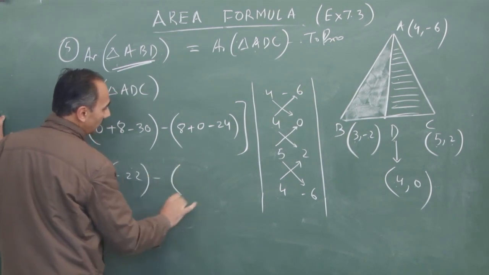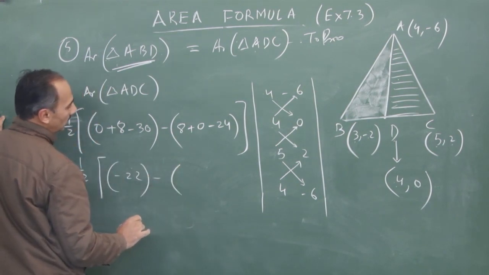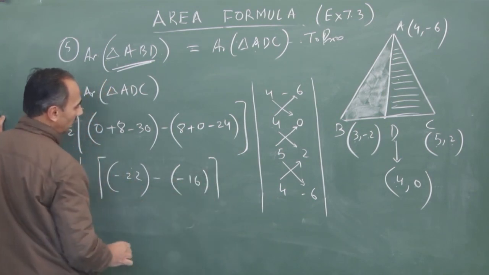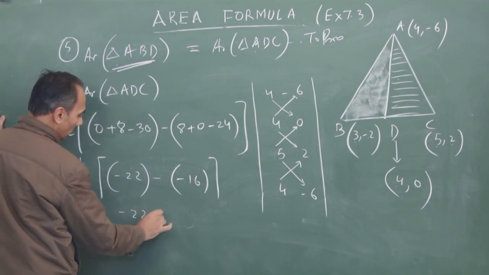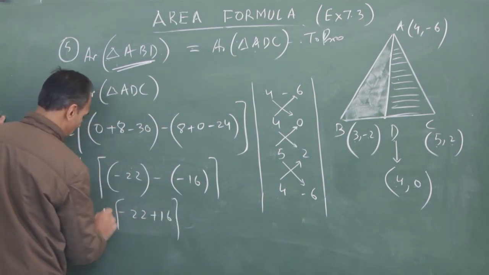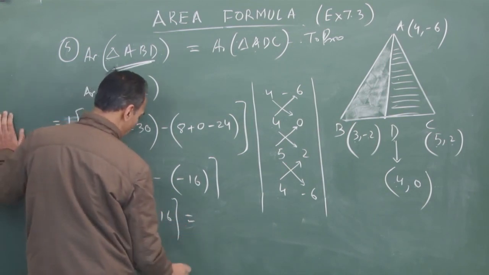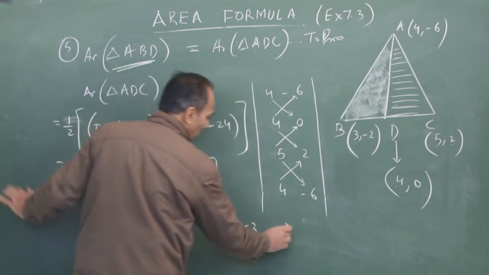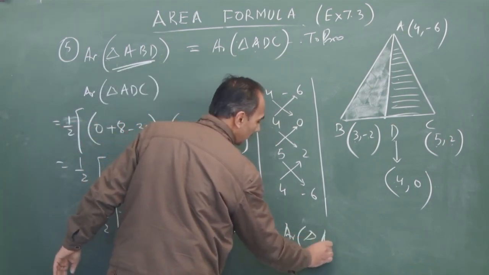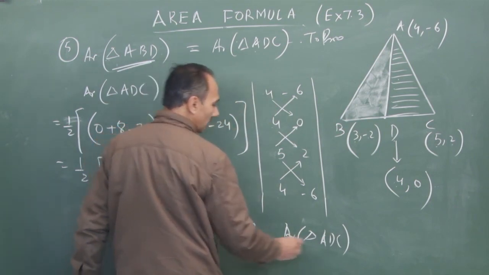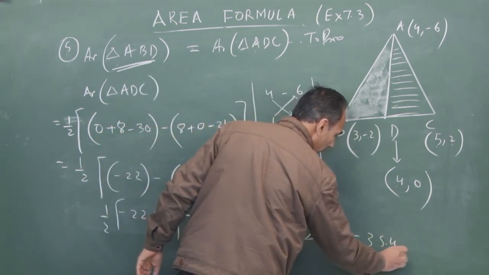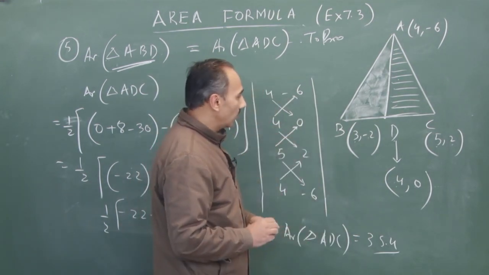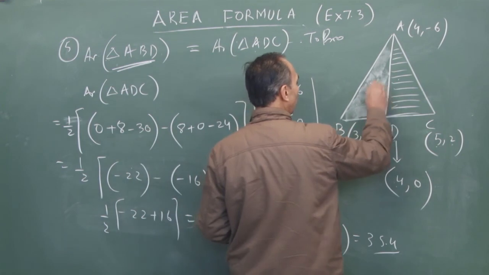So this is minus times, minus 16. So this is minus 22 plus 16, 1/2. So that would be minus 6/2. That's also minus 3. So the area of triangle ADC, taking it as a positive quantity, is also 3 square units. So we have derived that a median divides a triangle into 2 triangles of equal area. The area of triangle 1 and triangle 2 is equal.